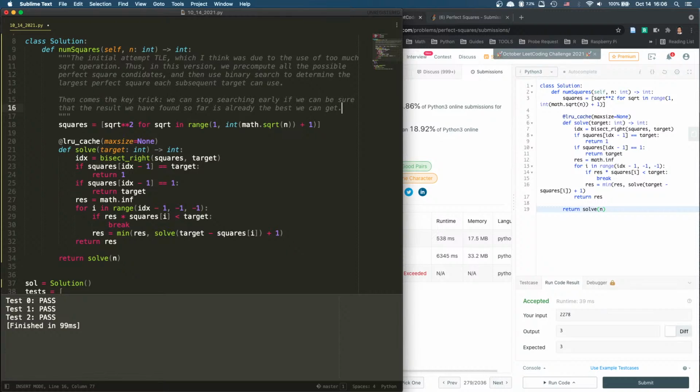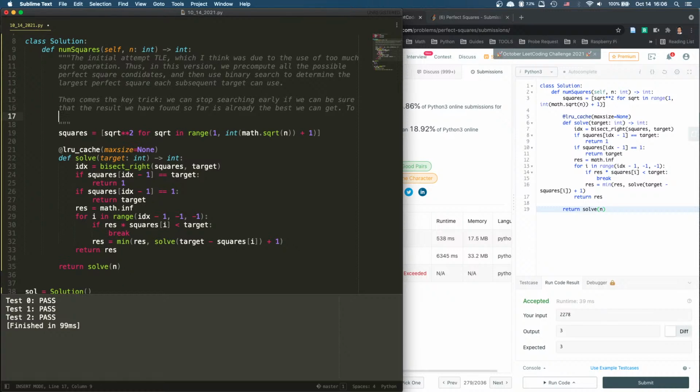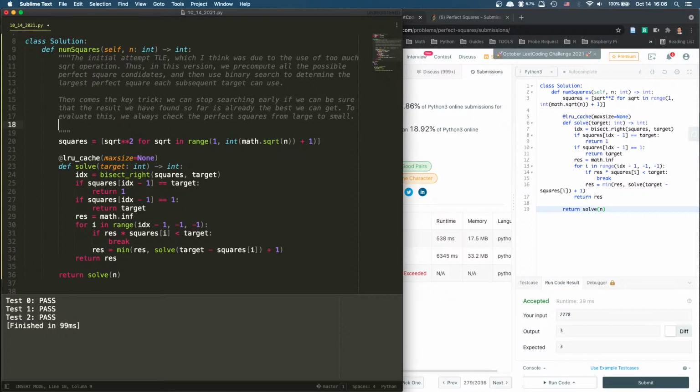Now, how do we do that? To evaluate this, we always check the perfect squares from large to small, right? Always large to small.